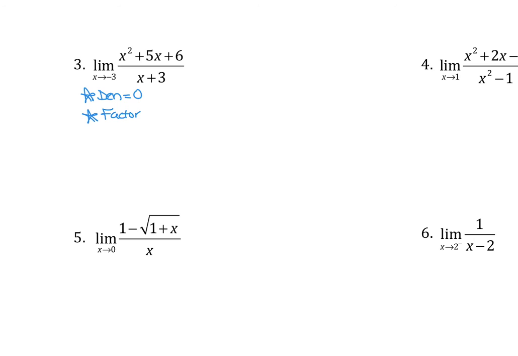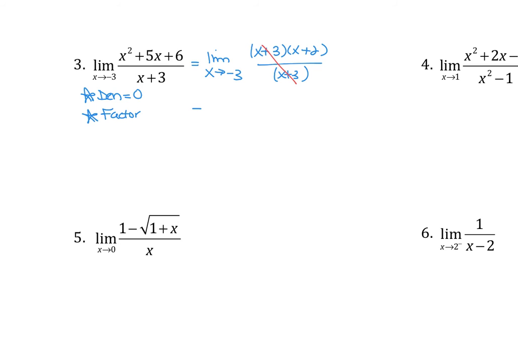So I'm going to have the limit as x approaches -3 of x plus 3, x plus 2 over x plus 3. And I'm going to reduce here. And we'll talk about what happens when we reduce in just a moment.